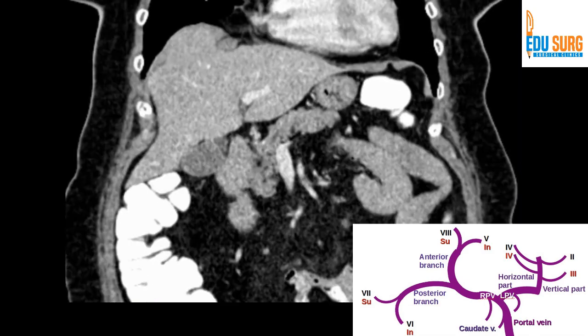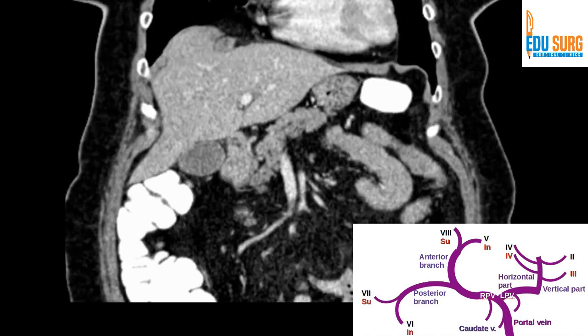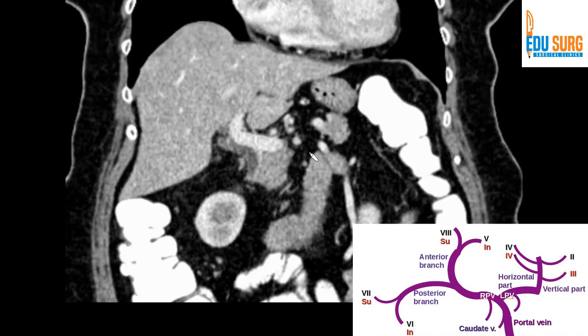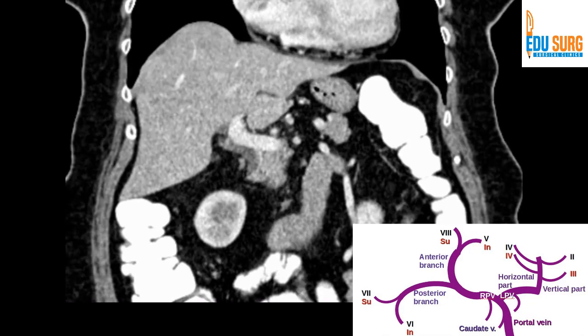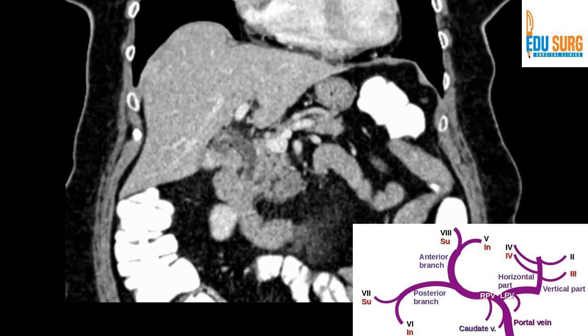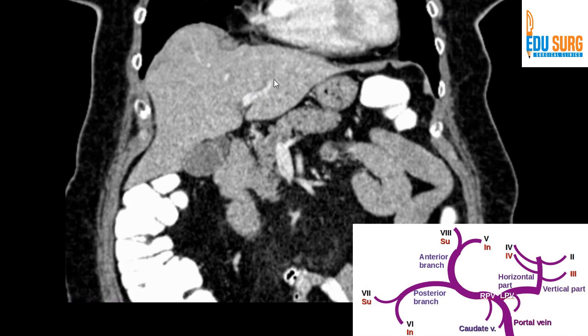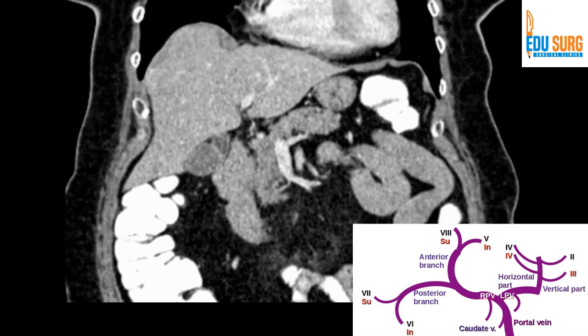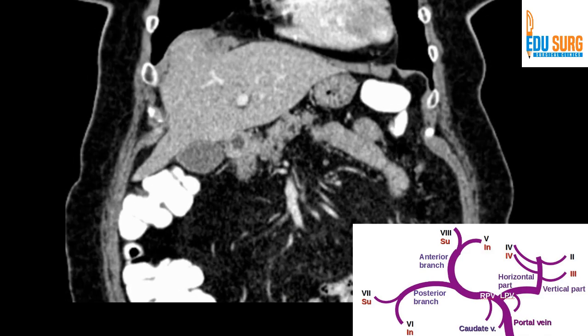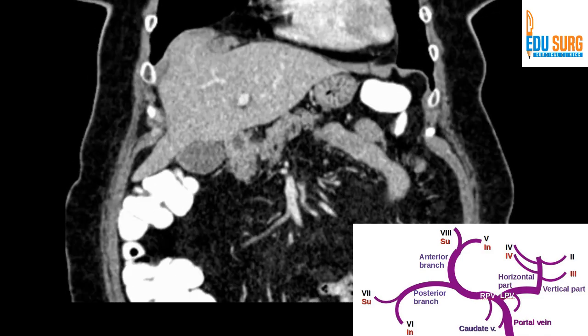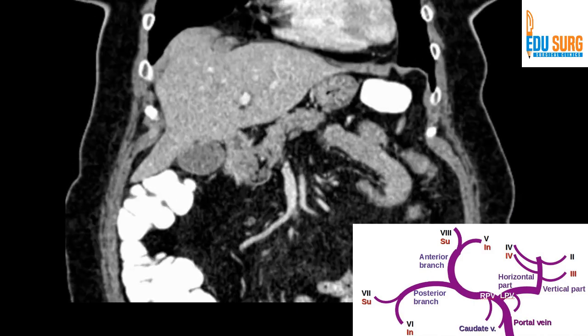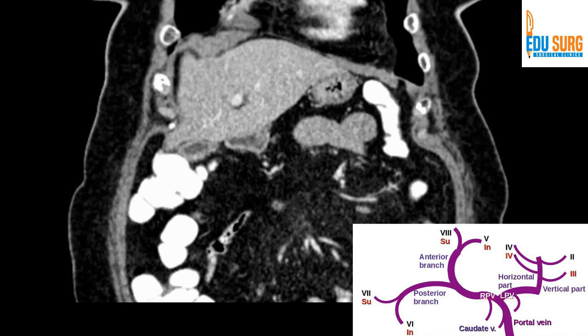So I'll remove all the markings so that you can see. We again go to the origin, right? This is the left branch of the portal vein, and intrahepatically it is giving branches to 2 and 3 and 4, right? Small branches, multiple branches to segment 4, right?